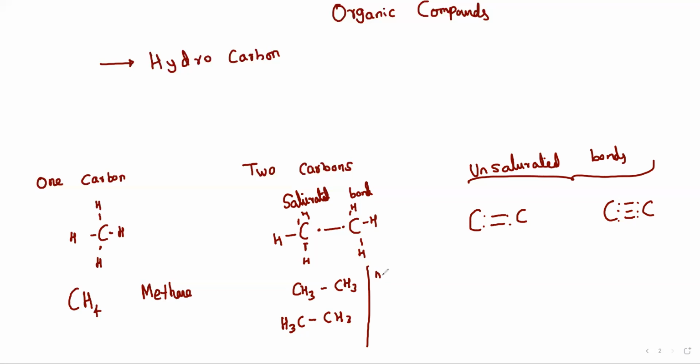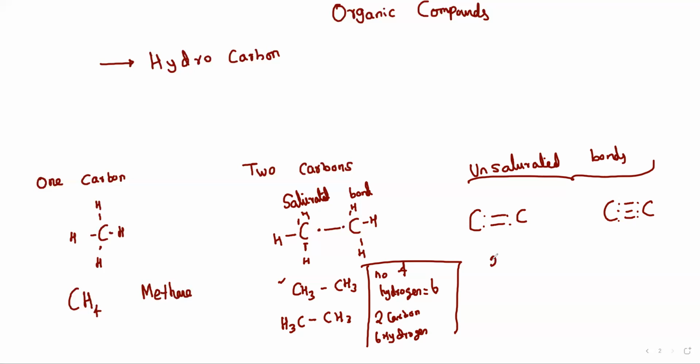In the saturated bond, I'm asking about the saturated bond, totally how many hydrogens are there? 6 hydrogens are there. So for two carbons, we have 6 hydrogens, so it can comfortably form the saturated bond.